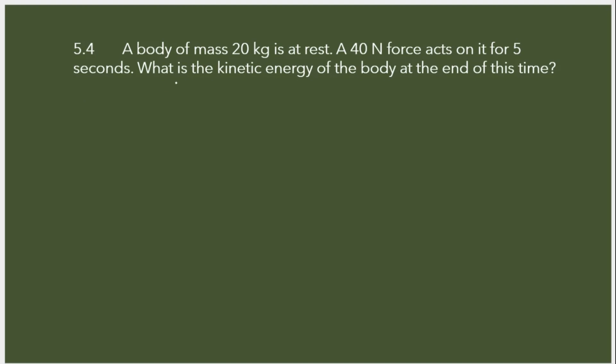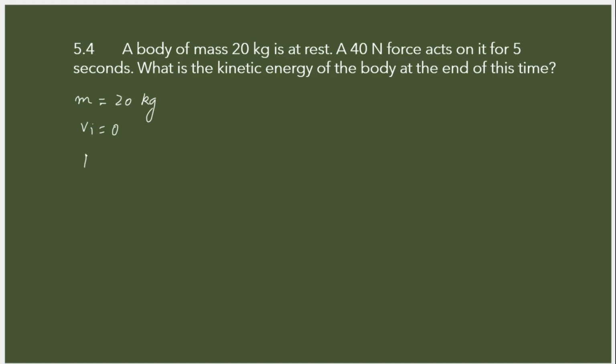A body of mass 20 kg, so mass is represented by m, and that is equal to 20 kilogram. And the body is at rest, which means initial velocity is equal to 0, and a force of 40 Newton acts upon it.